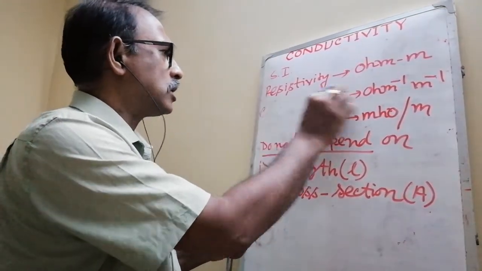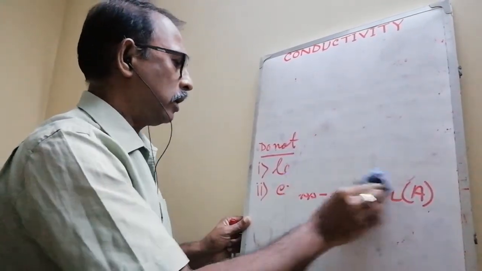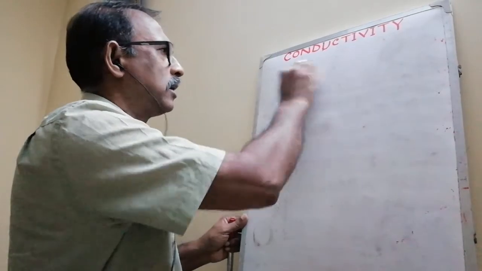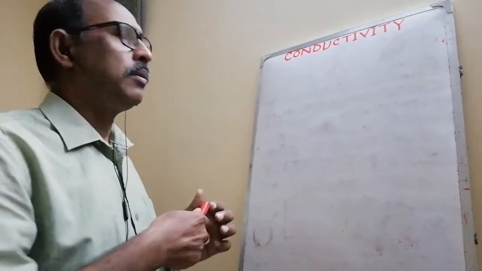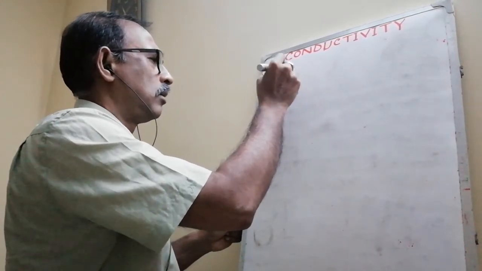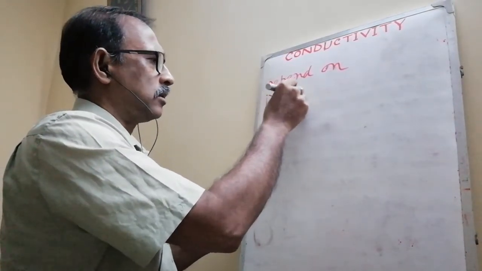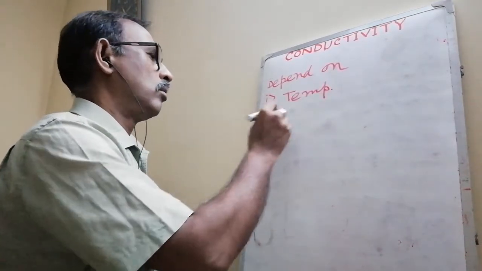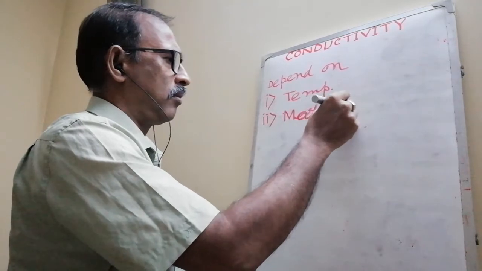Now the question is, on which factors do conductivity and resistivity depend? They do not depend on length and cross section, but on first, temperature, and second, the material of the conductor.